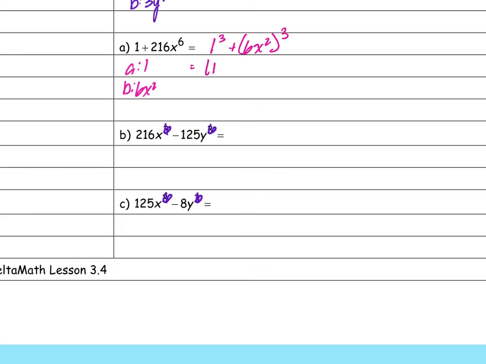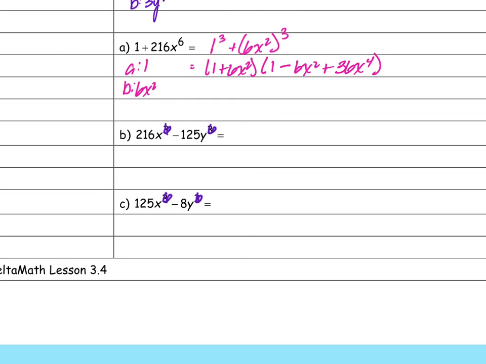So this is 1 plus 6x squared times 1 squared is 1. Minus A times B, which is 6x squared, plus B squared, which is 36x to the 4th power. Remember, when I'm doing x squared squared, that becomes x to the 4th.